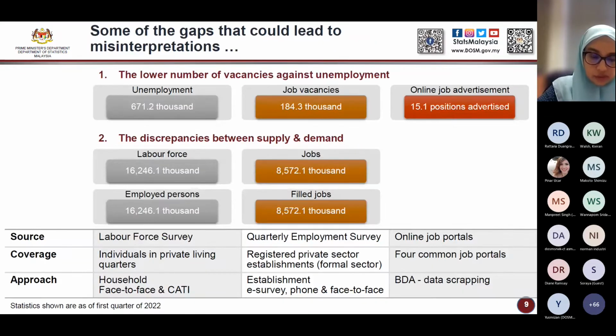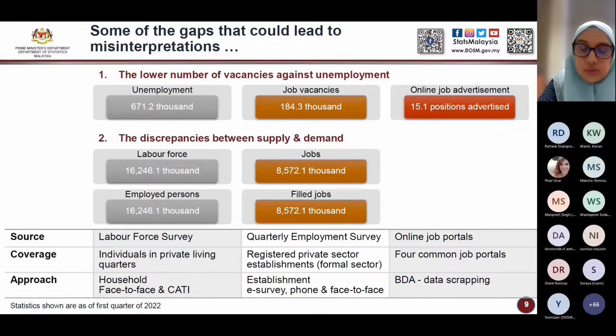This is one of the experiences: usually when we look at the data, we can identify based on current experience in the actual statistics as of the first quarter of 2022. Number one, when we compare job vacancies against unemployment, the first column is unemployment of 671.2 thousand in Malaysia as of quarter 1 2022.